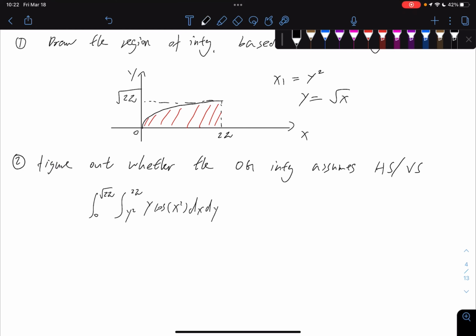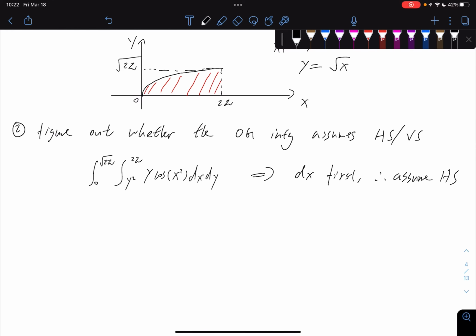So obviously this case is dx first, so it assumes horizontally simple. Then we need to change the order of integration from horizontally simple to vertically simple. So that means from dx dy to dy dx. All right, so let's set this aside.